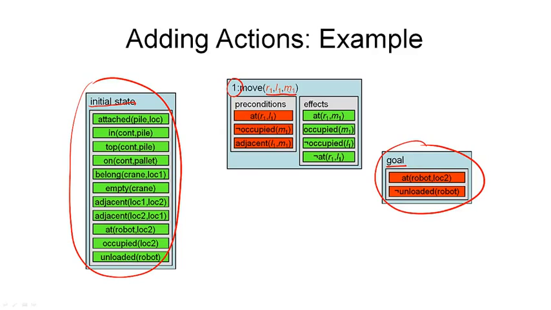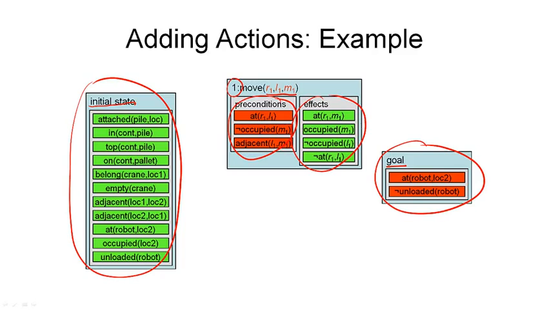Remember, I told you each new operator instance gets a new set of variables. And according to the least commitment principle, I keep these as variables and don't assign values to them immediately. And when I add a new operator, of course, it comes with its own set of preconditions and effects over its variables. The preconditions are in red here because I still need to achieve these conditions if I want to be able to execute this operator.